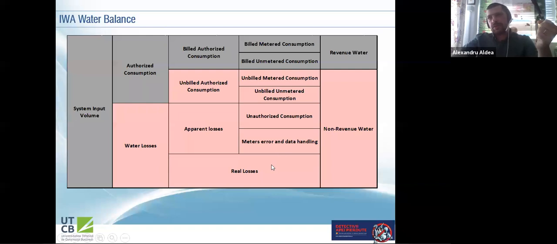The real losses component deals with leakages in your water distribution network, and leakages, if any, at the reservoirs and so on. So the only components of revenue water are billed metered consumption and billed unmetered consumption.